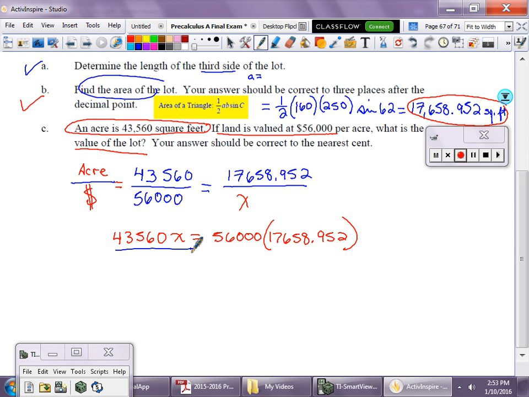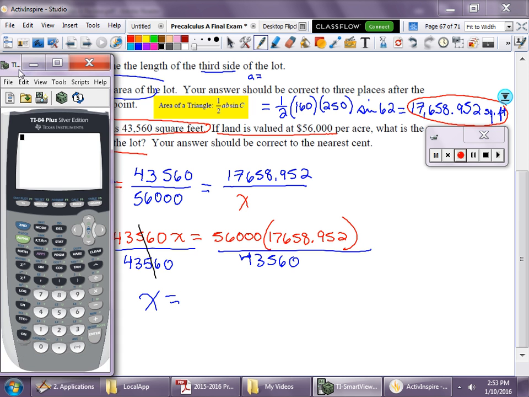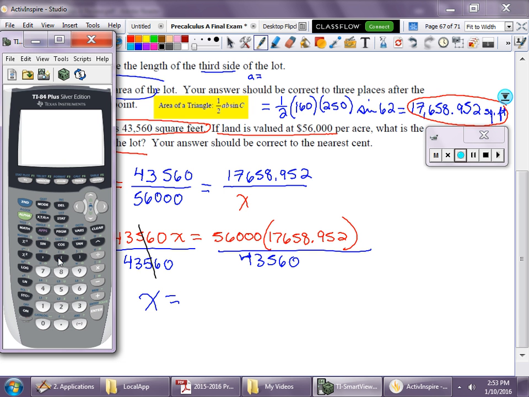Divide by it on both sides. And x is going to be equal to this. A number or expression divided by itself is 1. So let's go ahead and put this in our calculator so we can see it.